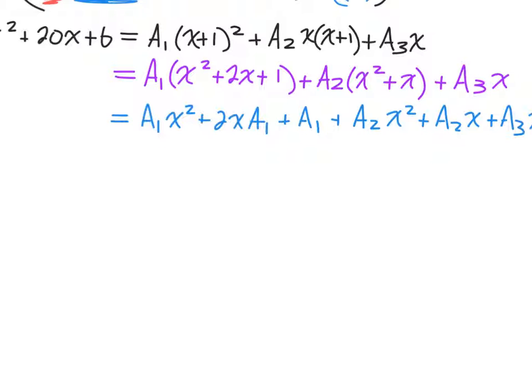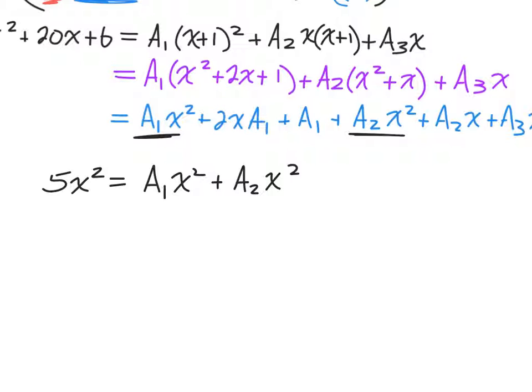All right, so what we want to do is organize it in such a way that we can have a system of equations. Basically anything that's got an x squared has to add to the term that has an x squared. So we have these two here. That's going to lead me to the equation 5x squared equals a sub 1 x squared plus a sub 2 x squared.